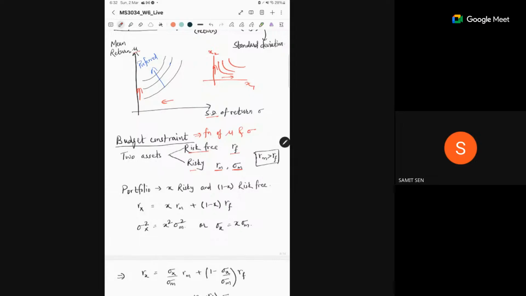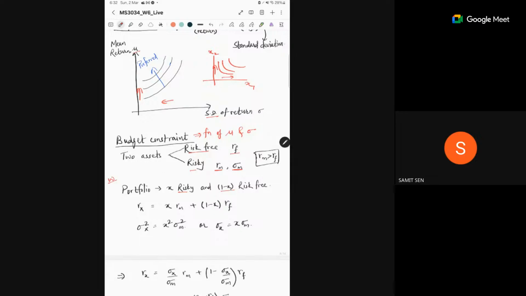Now, for example, you have some wealth W. You want to build a portfolio by investing X portion of your wealth in the risky asset and 1 minus X portion of your wealth in the risk-free asset. Then what would be your portfolio return?